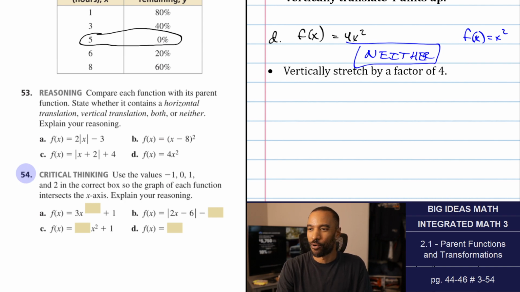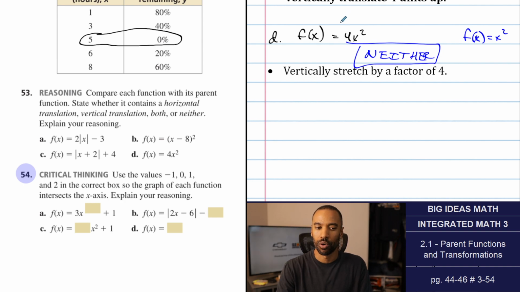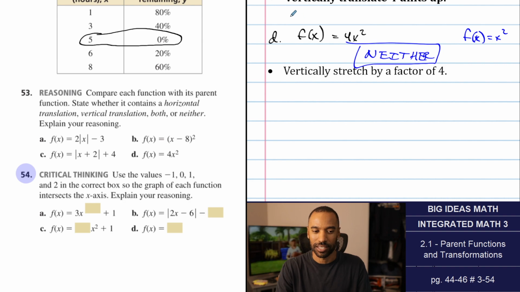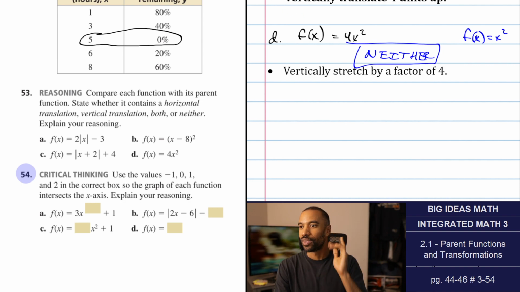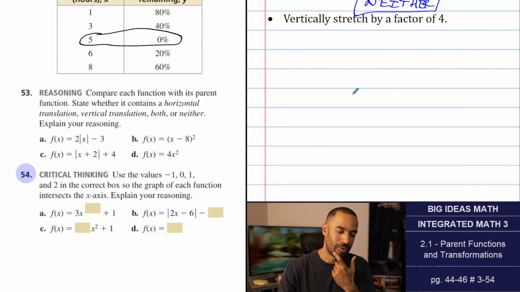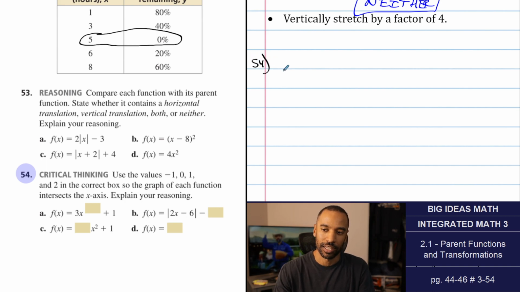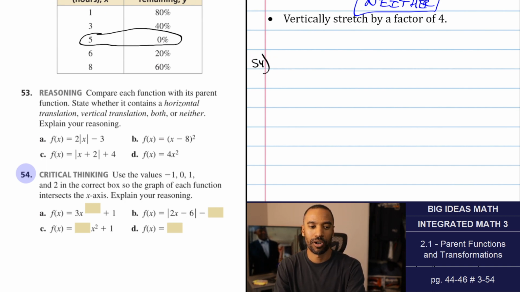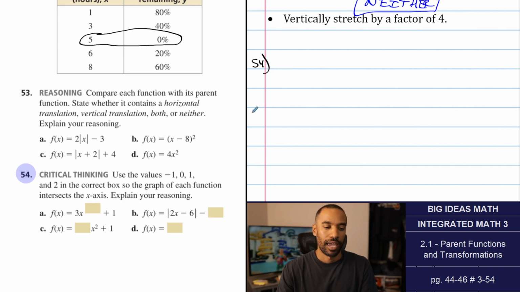Last question, number 54, critical thinking. Use the values -1, 0, 1, and 2 in the correct box so the graph of each function intersects the x-axis. Explain your reasoning. What I find interesting about this is it reminds me of something you'd get in the cumulative assessment portion of your chapters, and that's not the case here.